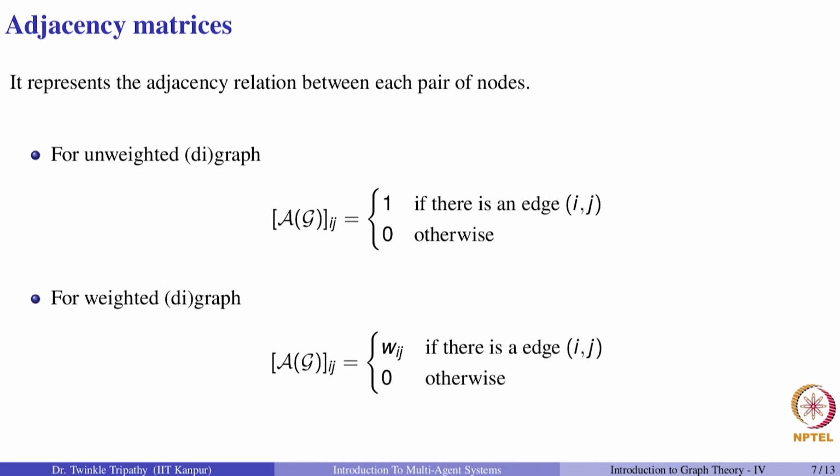And when the graph becomes weighted, instead of writing 1, we replace it with the weight of that particular edge, meaning the adjacency matrix has 0 entries whenever the corresponding i and j vertices do not share an edge, and otherwise the entry is non-zero. If it is a weighted graph, we substitute its weight there.